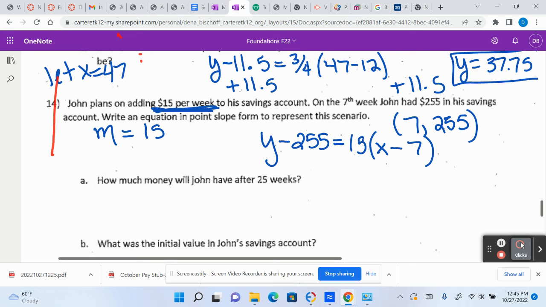How much money will John have after 25 weeks? What does that mean? Let x equal 25. So y minus 255 equals 15 times whatever 25 minus 7 is.